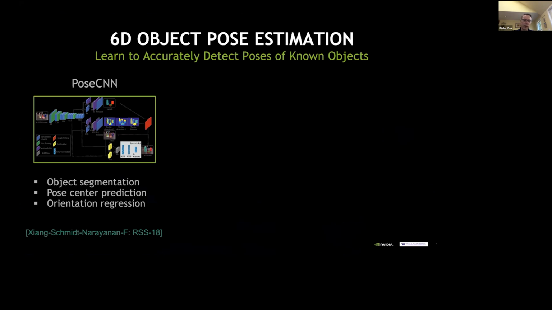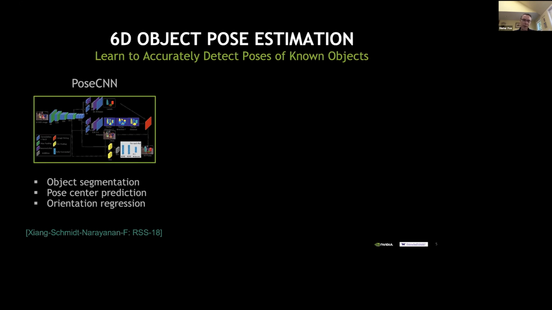So we've done work, for example, that you, who is co-organizing the workshop here, did on PoseCNN, where a deep network, trained on specific object instances, learns from the image data to segment out the object, to estimate the center of the object, and then also to regress to the 3D orientation of these objects. And once we have that information, we can use it, for example, to pick it up and things like that.